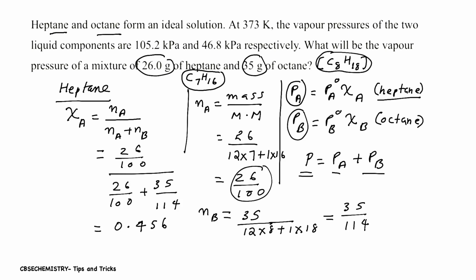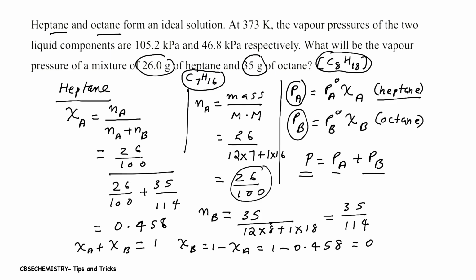0.458. Okay, 0.458. Now we know that chi A plus chi B is equal to what? Chi A plus chi B is equal to 1. Okay, so you can find chi B, right? What is chi B? Chi B is equal to 1 minus chi A. So what is that? 1 minus 0.458. So what you will get?